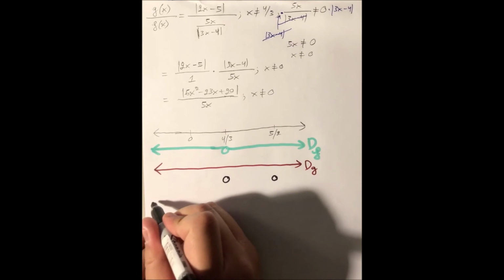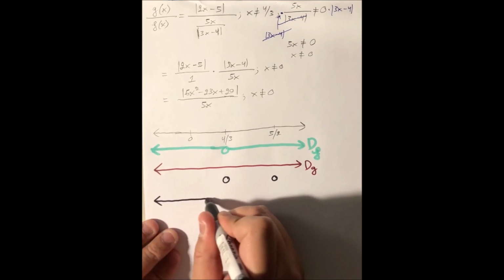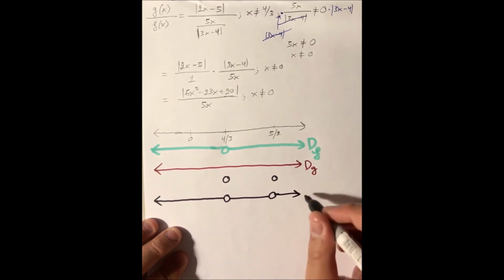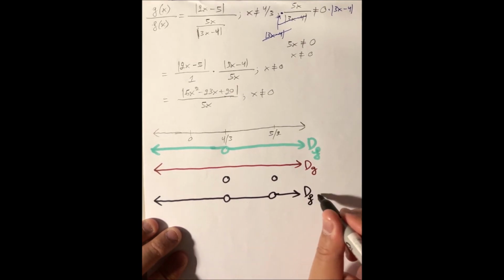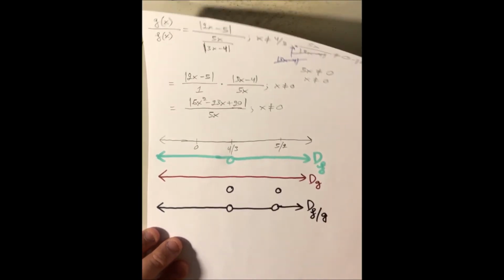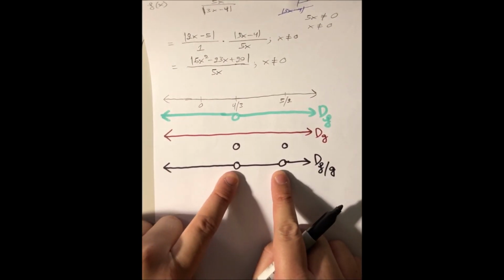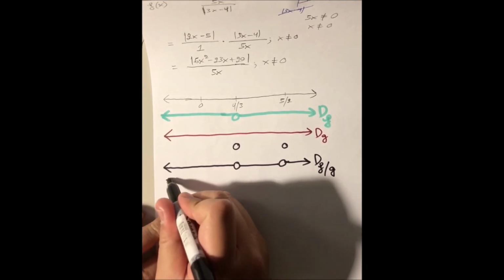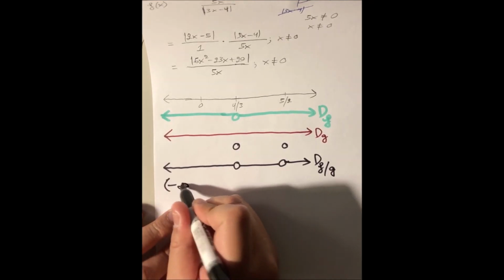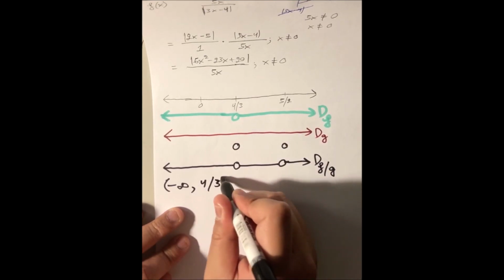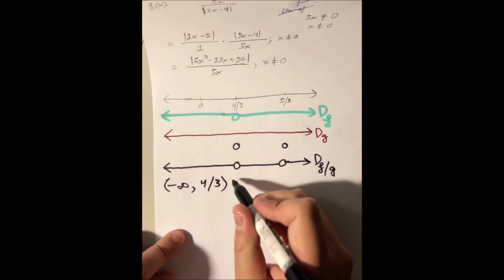And collecting everything, collecting all of the x values in common and all of the restrictions, we can tell that the domain of f over g is all real numbers except x cannot be equal to 4/3 and x cannot be equal to 5/2. And the interval notation is from negative infinity all the way up to 4/3, but not including 4/3, which is just this part.